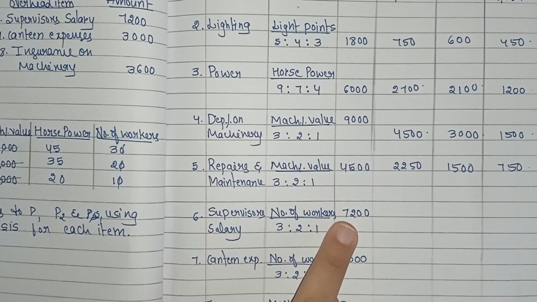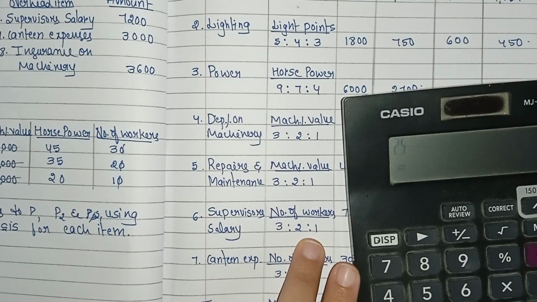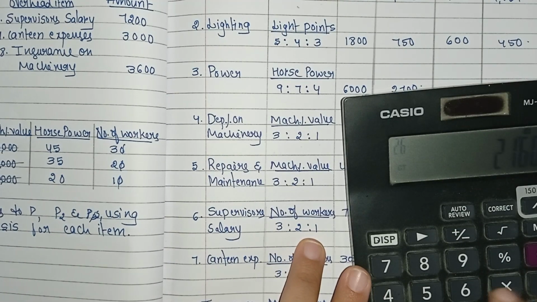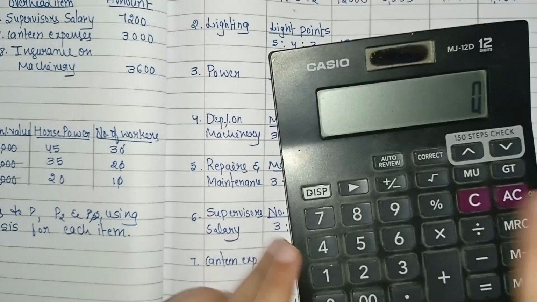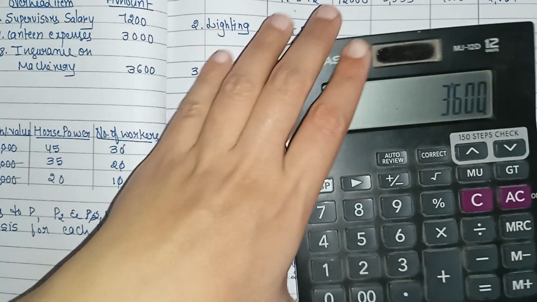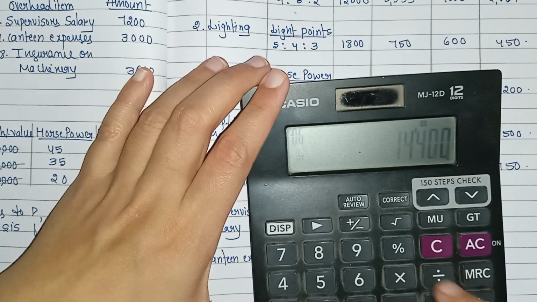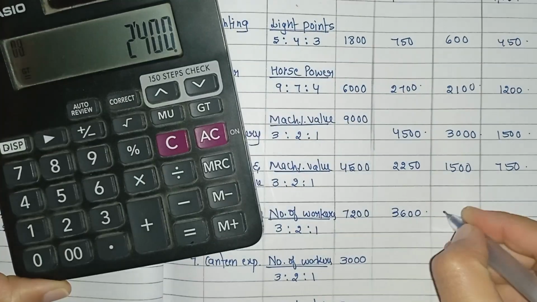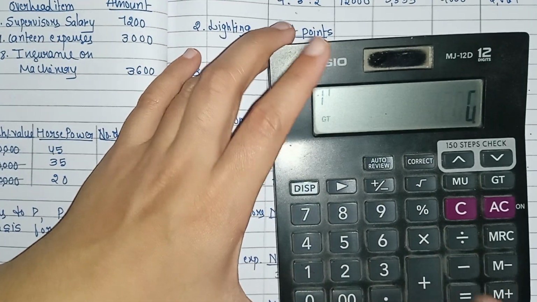So the supervisor salary is 7200. The total of these ratios is 6. 7200 into 3 divided by 6, that is 3600. 7200 into 2 divided by 6, 2400. 7200 into 1 divided by 6, that is 1200.